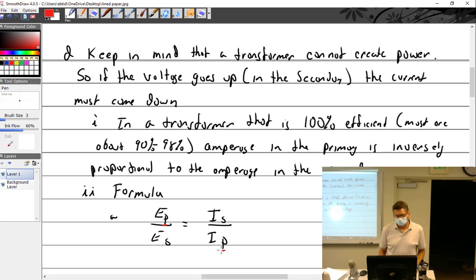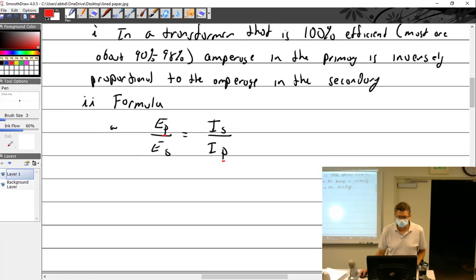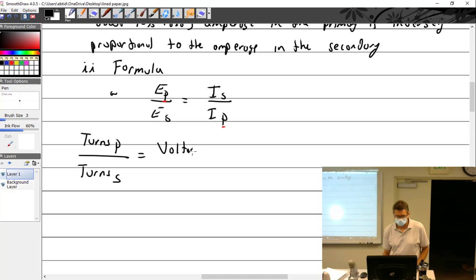So EP, ES, IS, IP. You've got to make sure you have that. So if we put this all together, I've got turns in the primary over turns in the secondary can be equal to the voltage in the primary over the voltage in the secondary, which is current of which one?